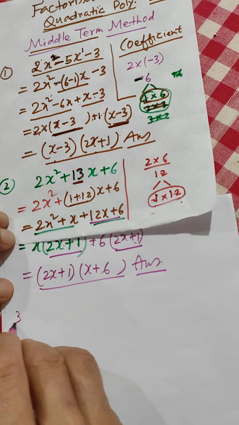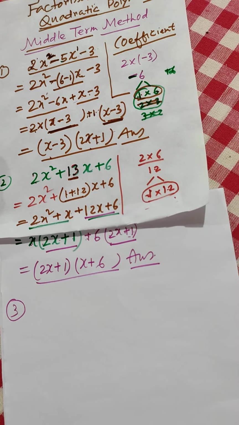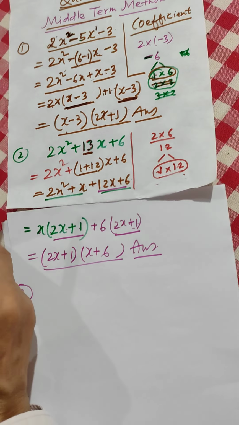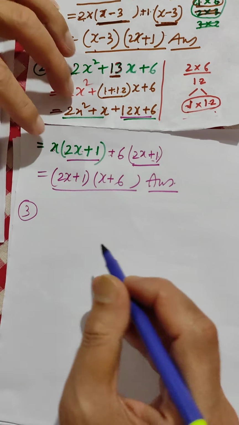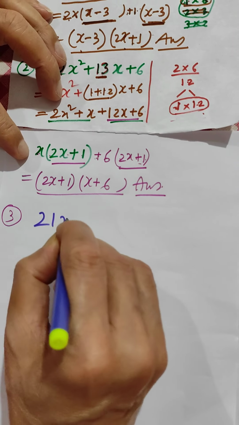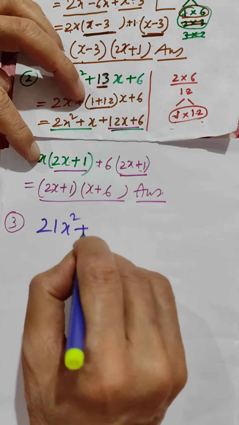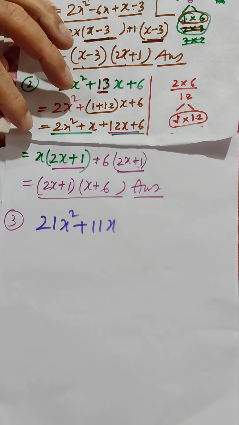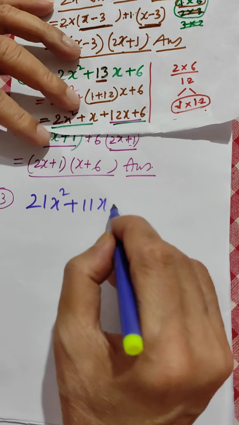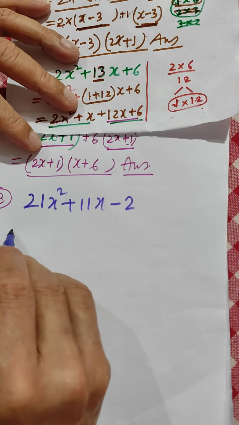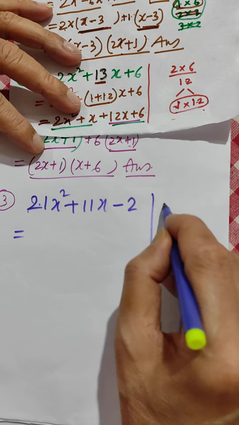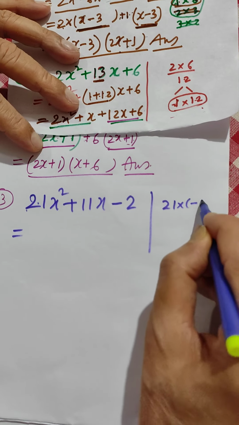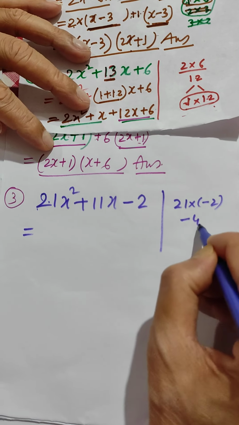Okay, now let us see another, number 3: 21x square plus 11x minus 2. As the method says, we multiply this 21 and minus 2. 21 into minus 2, what do you get? Minus 42.